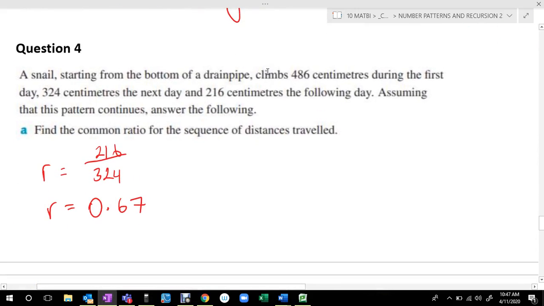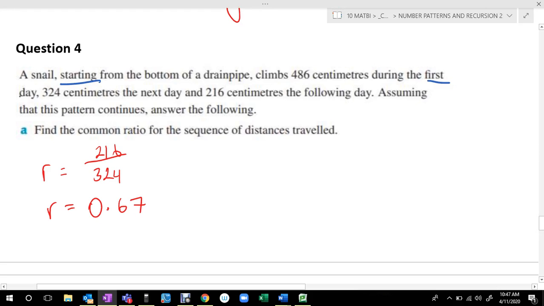Okay. This one here, last one. So a snail starting from the bottom of a drain pipe. Okay. Now here, tricky thing. So starting from the bottom of a drain pipe, climbs 486 centimeters during the first day. Although it does say starting here, it does say here during the first day.